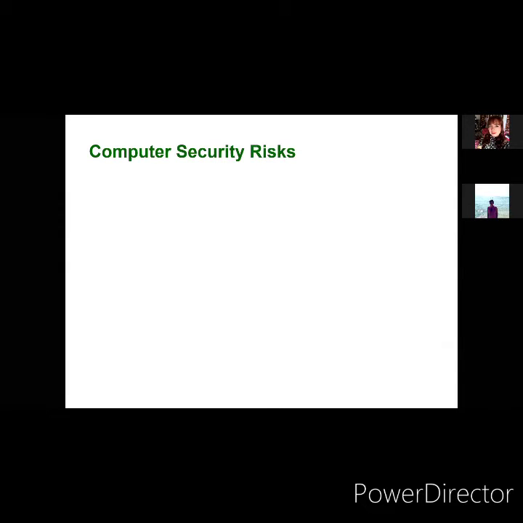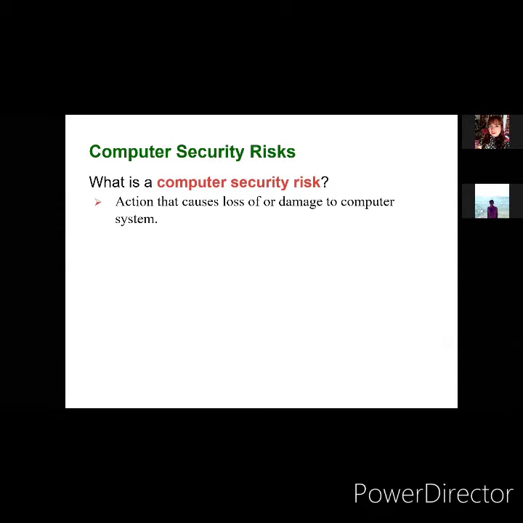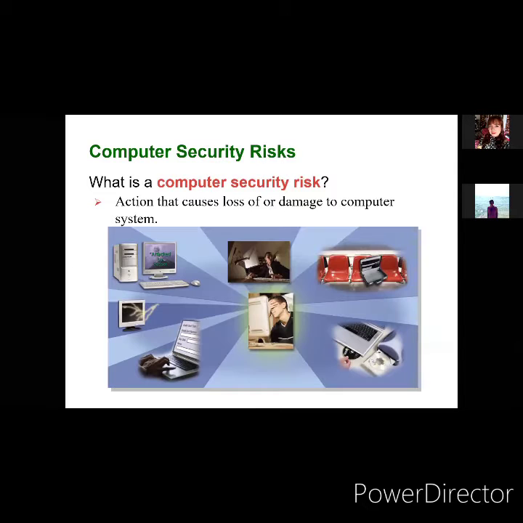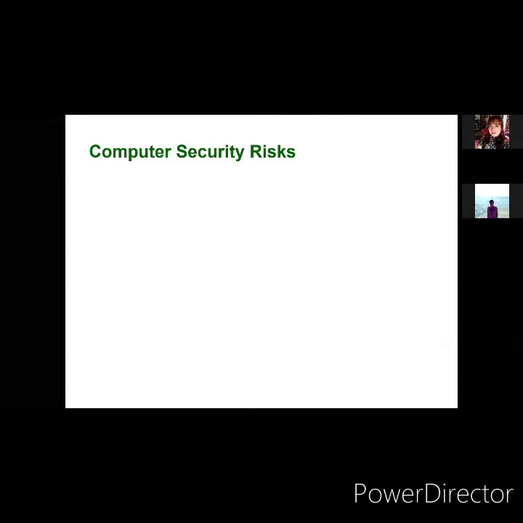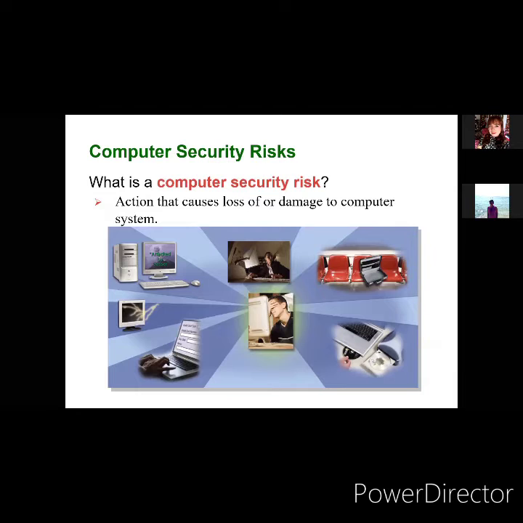Okay, let's start with what is a computer security risk. So as you can see on the diagram, ang sabi rito, action that causes loss of or damage to computer system. So look at the diagram.